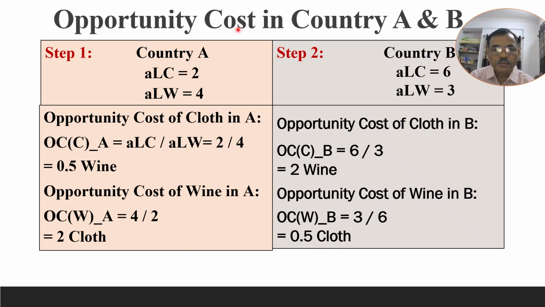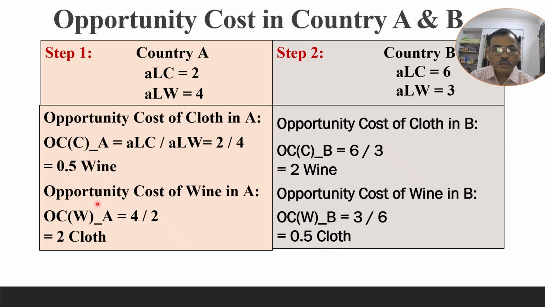This means to produce 1 unit of cloth, country A sacrifices 0.5 units of wine.